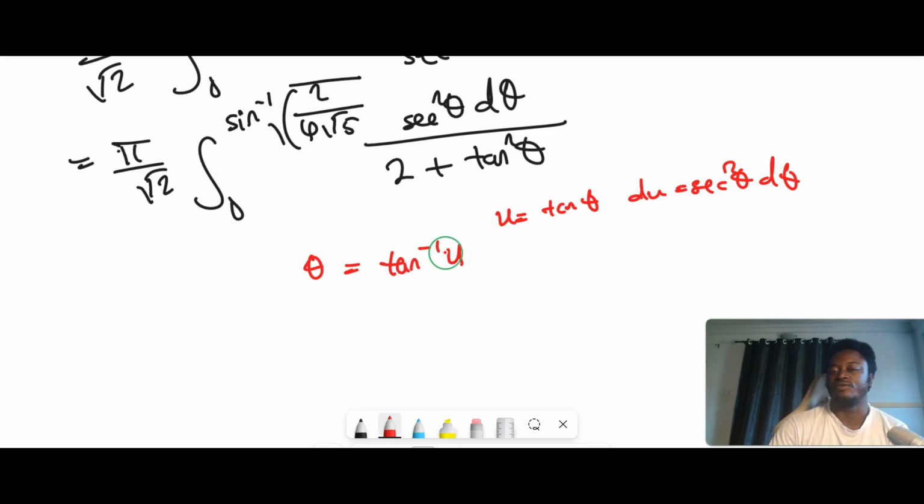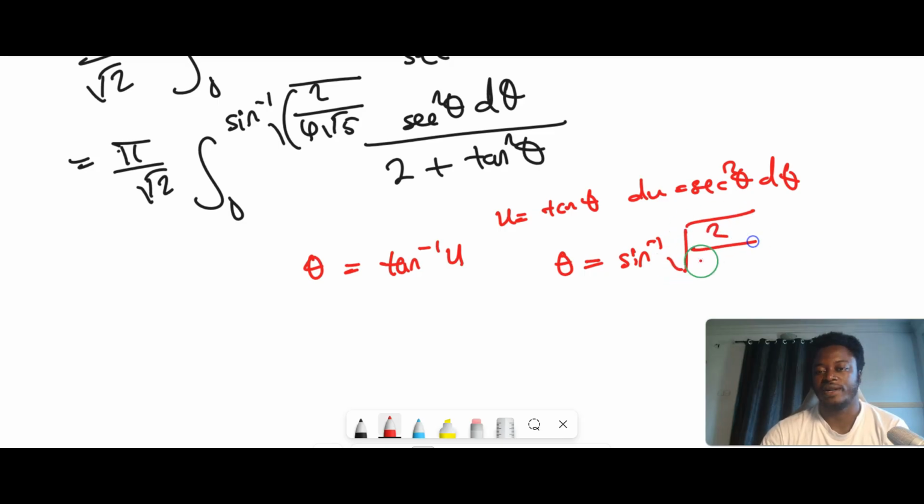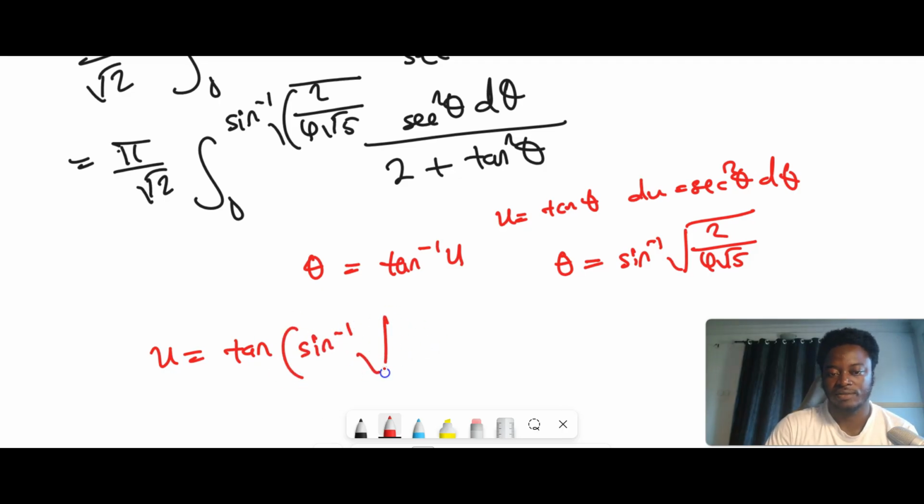Now, if theta becomes sine inverse of square root of 2 over phi root 5, that means we need to find u, which is the tan of sine inverse of square root of 2 over phi root 5.